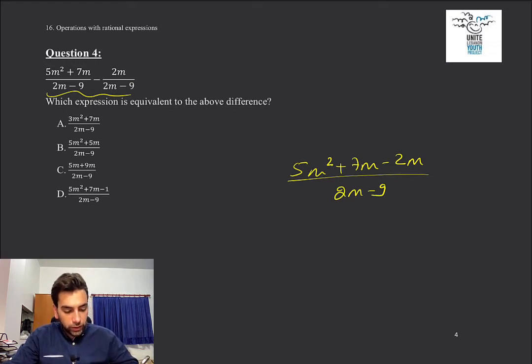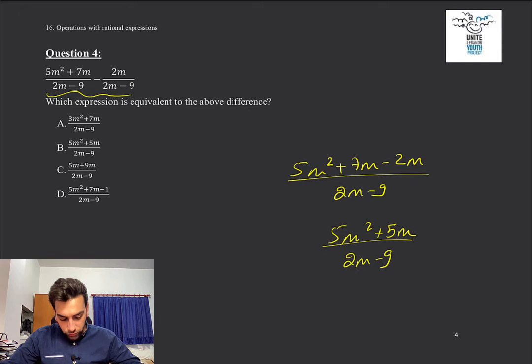And here we can obviously get 5m squared plus 5m over 2m minus 9. So now if we look at our choices, it's obviously not D, it's obviously not A, and it's not C. Thus our choice is B.